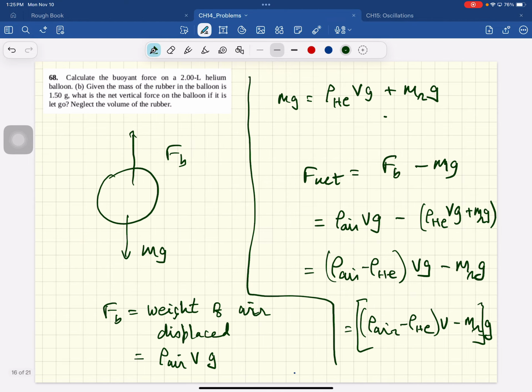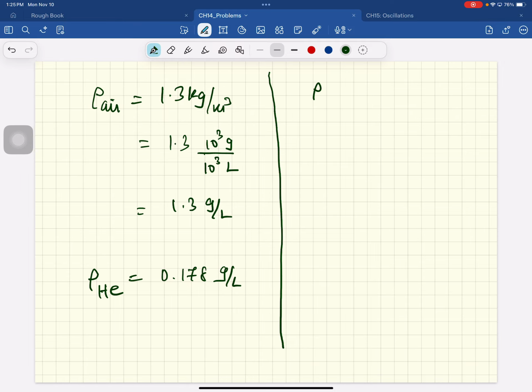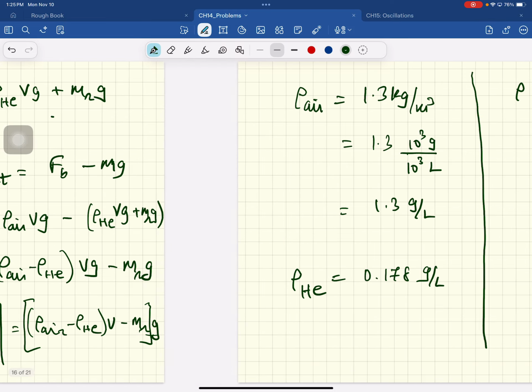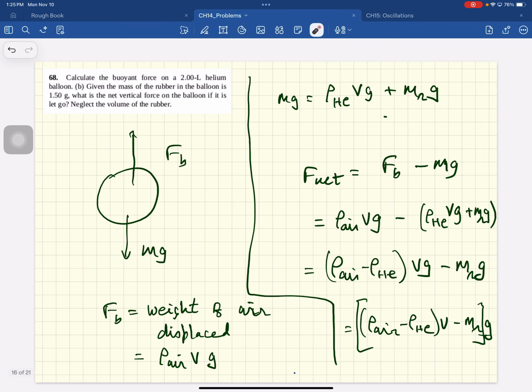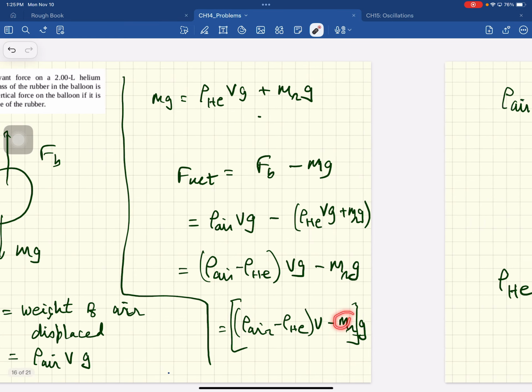All right, so the density of air minus the density of helium, so what we're doing is we're calculating this, times the volume.